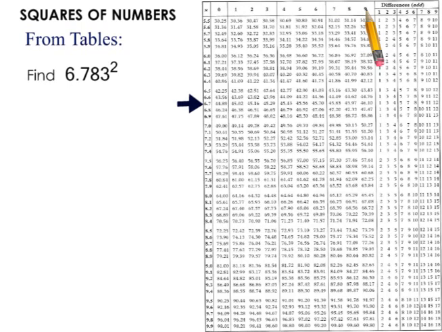And so for our number 6.783, we shall go to the column headed by 8. And since our first decimal place fell under 6.7, we shall follow this row of 6.7 up to where it coincides with the column headed by 8. We read this number. It's 45.97.